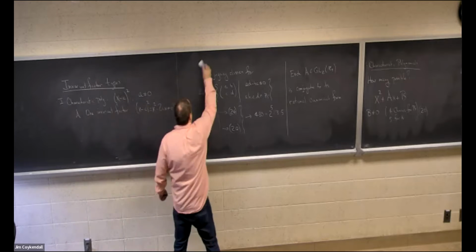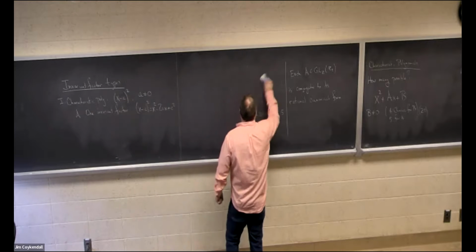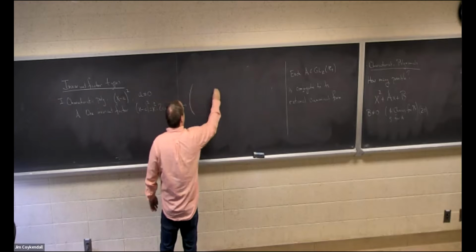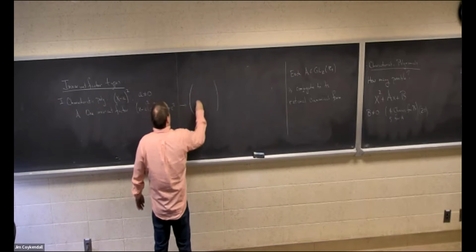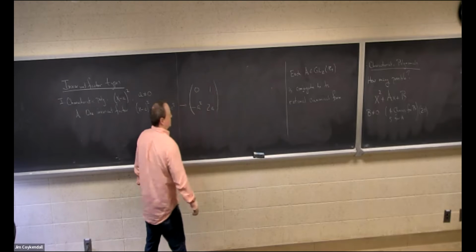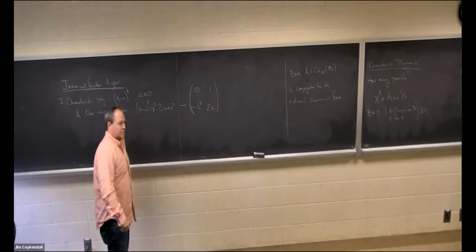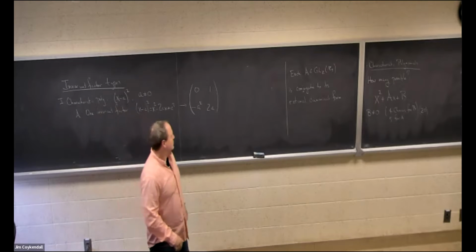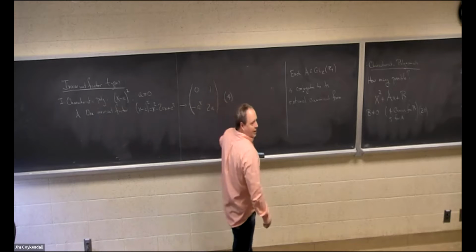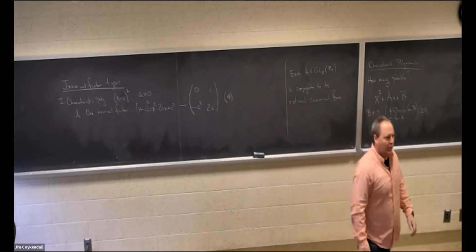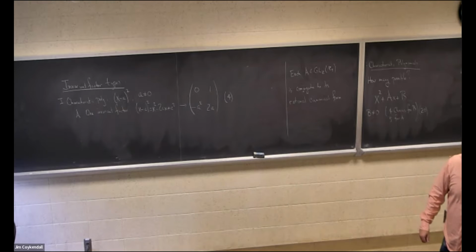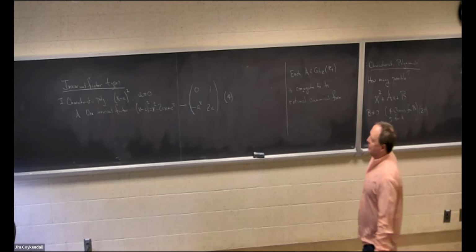The matrix that I get from this, the form of the matrix, is this: 0, 1, minus a squared, 2a. And I'm going to write a 4 here because there are 4 different conjugacy classes, 1 for every value of A. Agree? So there's 4 like this.